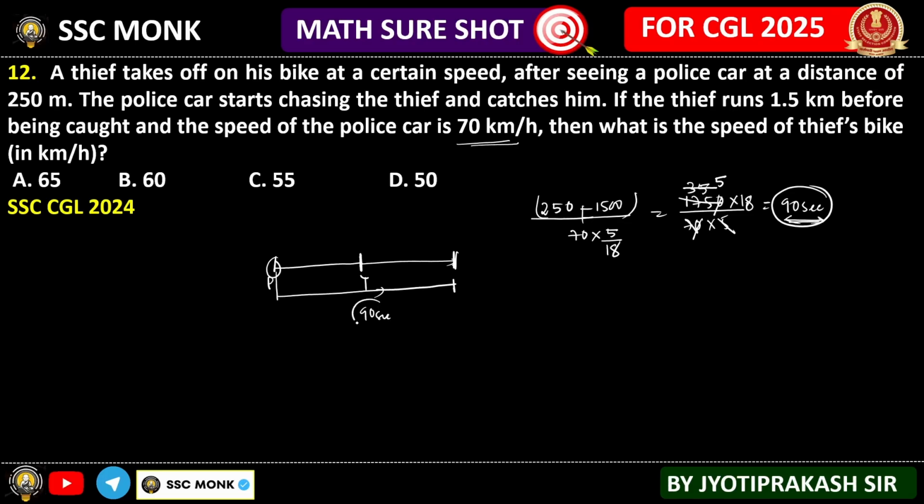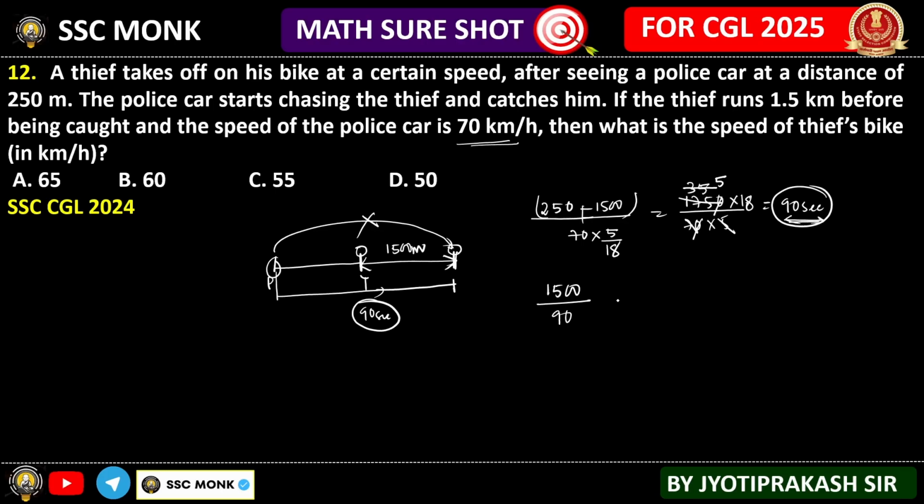But the distance covered by the thief in these 90 seconds won't be from the starting point to this point. Remember this, because this is the distance between this point and the catch point, that is equal to 1.5 kilometer or 1500 meter. So the thief is running at 1500 meter divided by 90 meter per second.